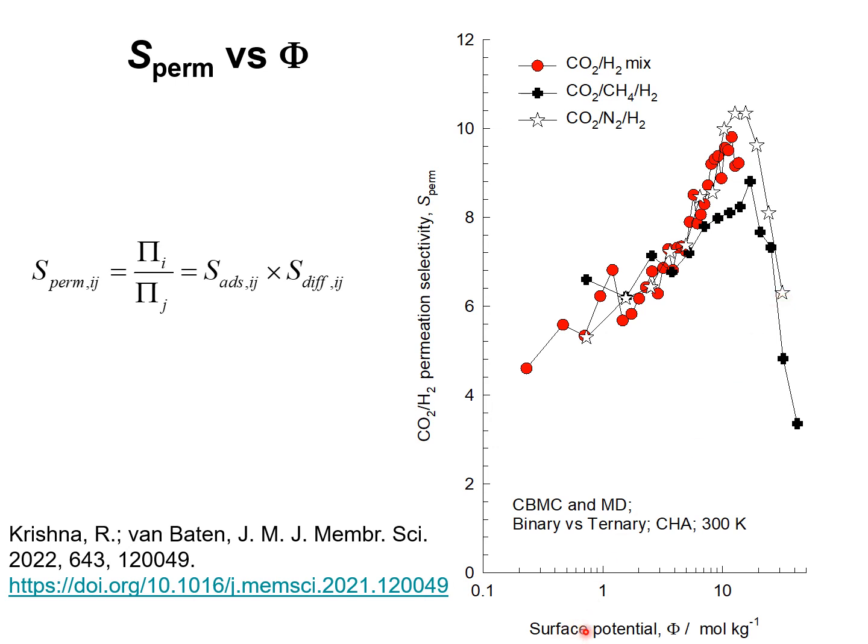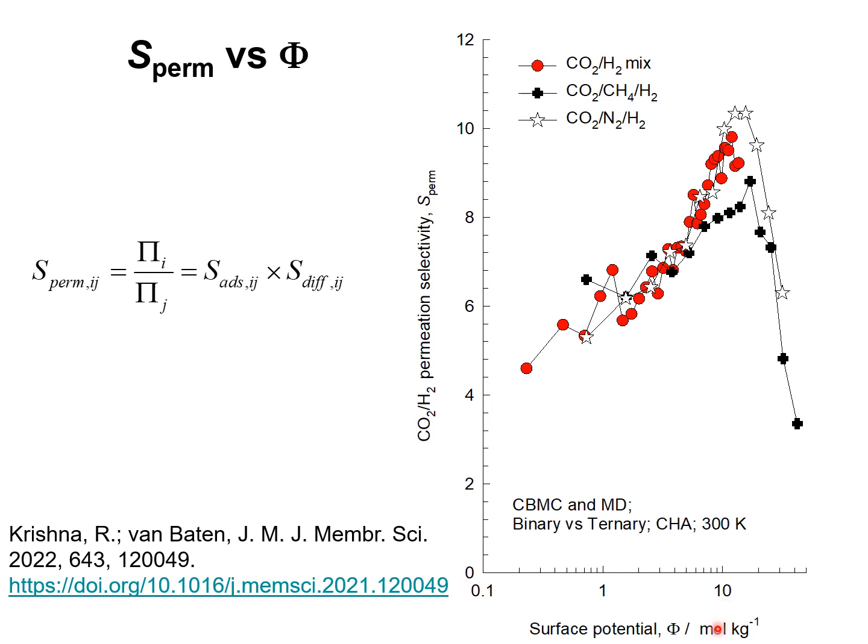So compared at the same value of the surface potential, the CO2 hydrogen permeation selectivity in a binary mixture is relatable to the CO2 hydrogen permeation selectivity in ternary mixtures.